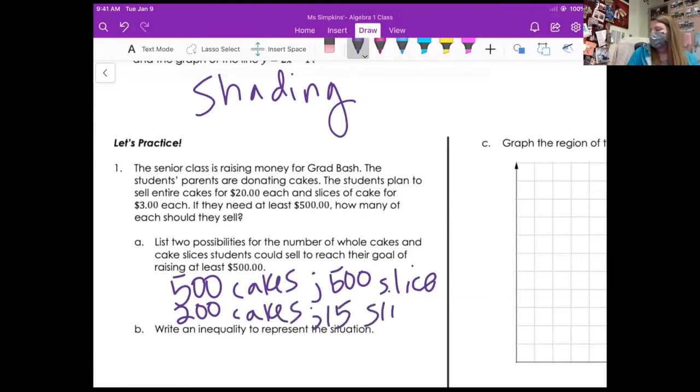If I'm being ridiculous, I could say 1 million cakes and 1 million slices. Still going to be more than $500. One slice and 600 whole cakes. Yeah. 1 billion cakes, 1 billion slices. It does not matter as long as your total came out to be more than $500.